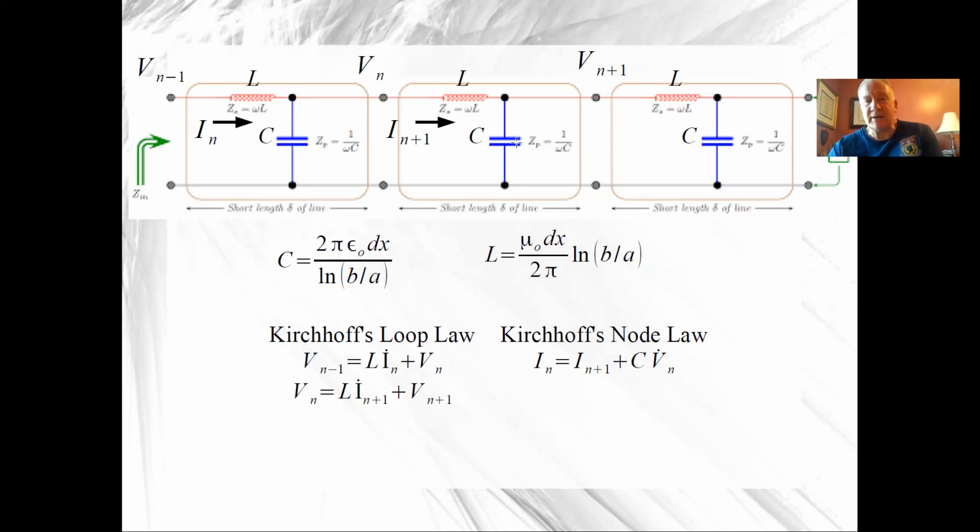If we look at the next segment, then Vn is equal to the voltage across the inductor, which is the inductance times the time derivative of the current, plus Vn. If we look at the node where they're joined, the current from the first section will equal the current going into the second section plus the current that flows through the capacitor.